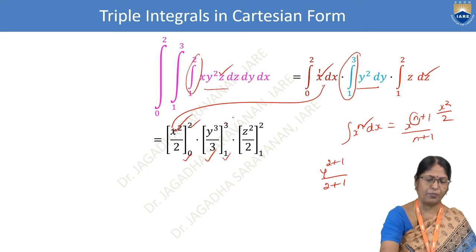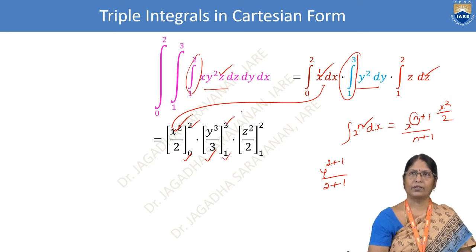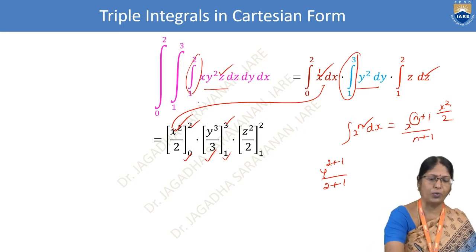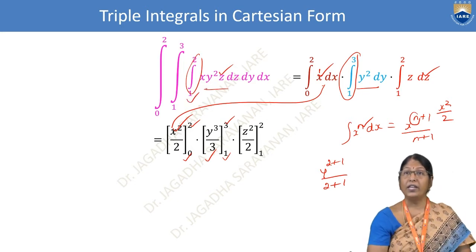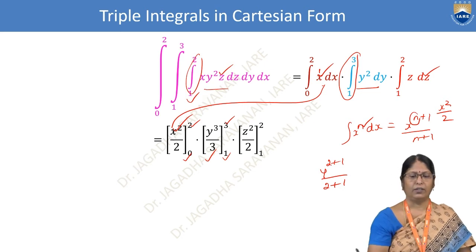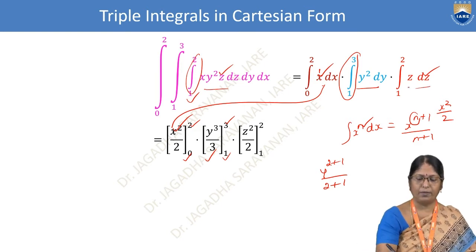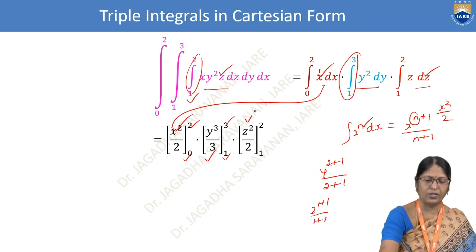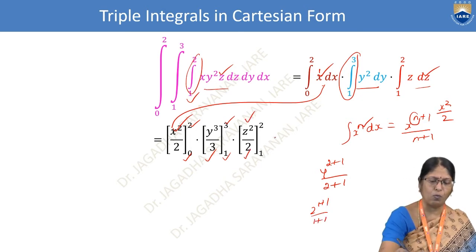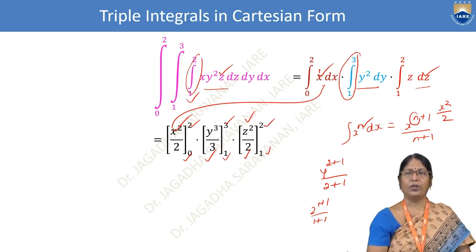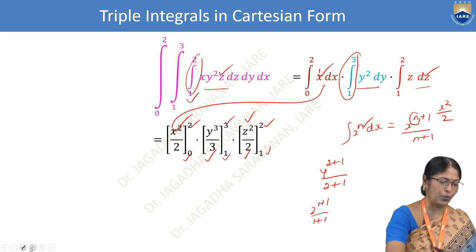Then the innermost integral is from 1 to 2, that is z dz. So z power 1 plus 1 by 1 plus 1, z square by 2 from 1 to 2.